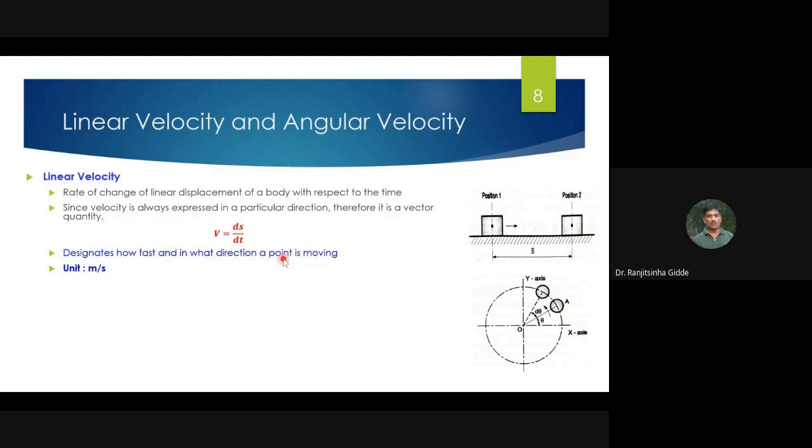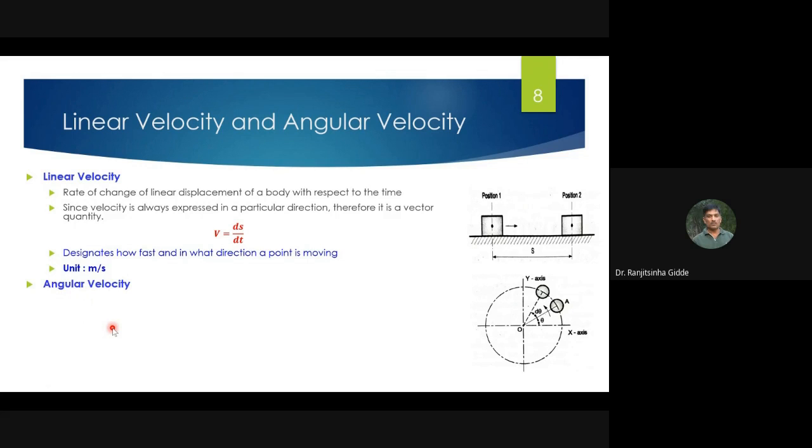For low velocity we have seen below 3 meter per second, medium velocity between 3 to 15, and high velocity greater than 15 meter per second. So then you can write the unit: meter per second.